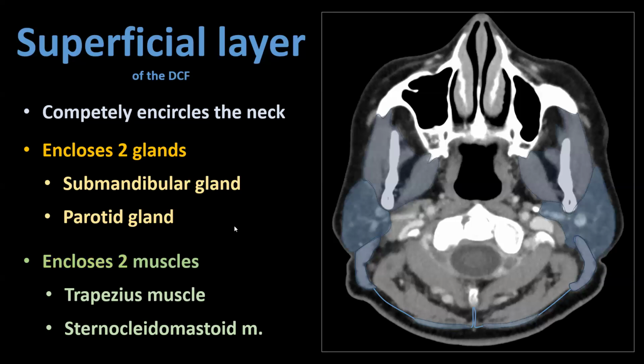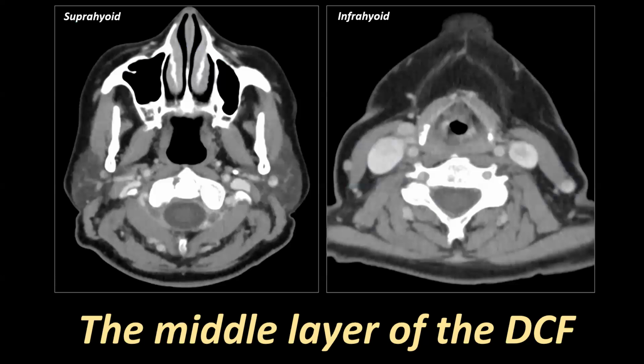And now we can move on to the middle layer of the deep cervical fascia. We have it in the infra and the suprahyoid neck. In the infrahyoid neck, it completely encircles the so-called visceral structures of the neck, those structures that are basically in connection with the organs of digestion and also with the respiratory system.